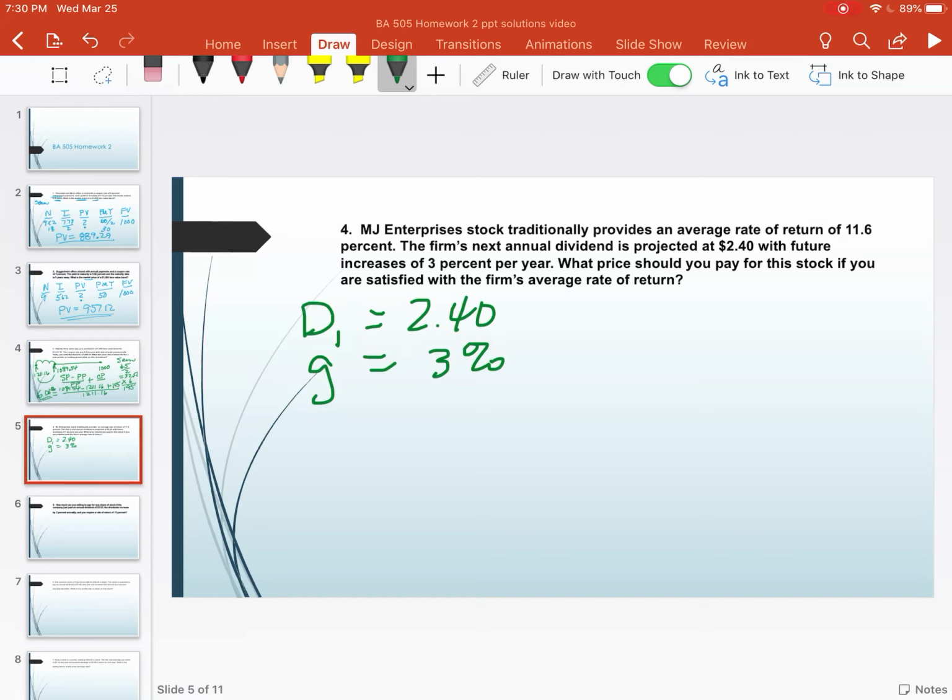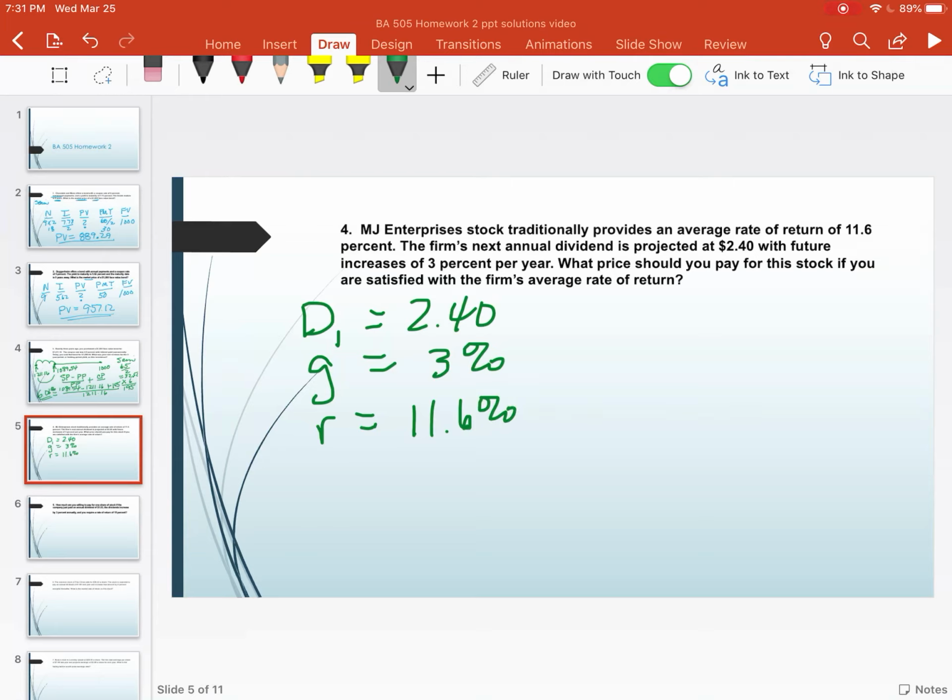Provides an average rate of return of 11.6%. This firm's next annual dividend is projected at $2.40. With future increases, what price should you pay? Okay, so we're still looking for, if we're satisfied with the firm's average rate of return, in that case, our R, our required return, is going to be equal to the average rate of return of 11.6%, okay?